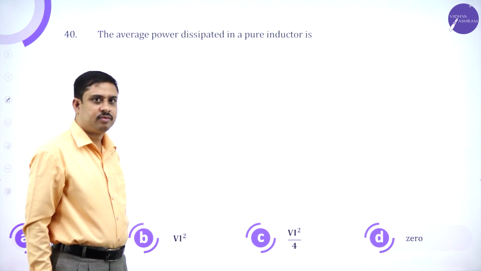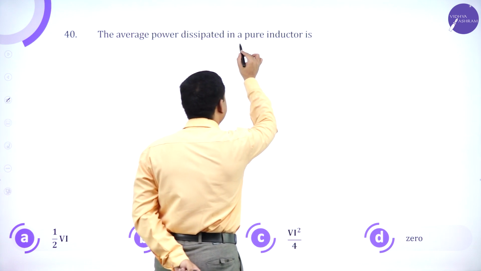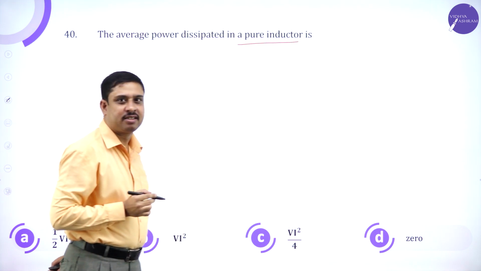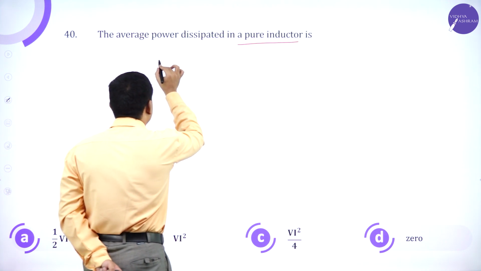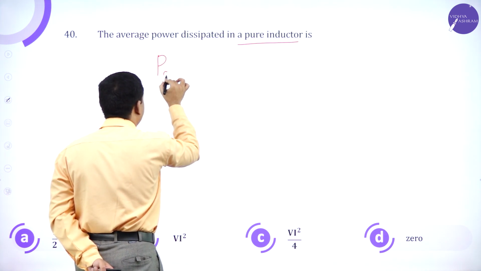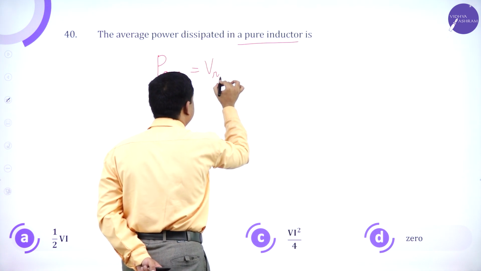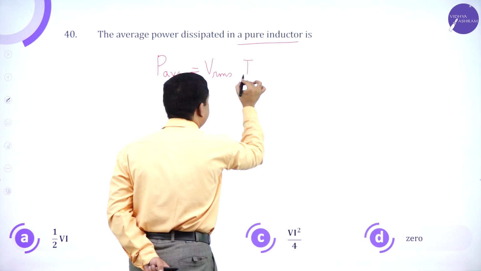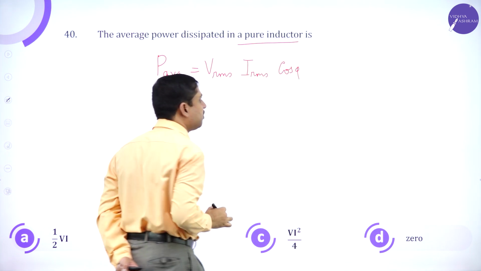Average power dissipated in a pure inductor. Pure inductor is given. So again, expression for average power, VRMS into IRMS into cos phi.